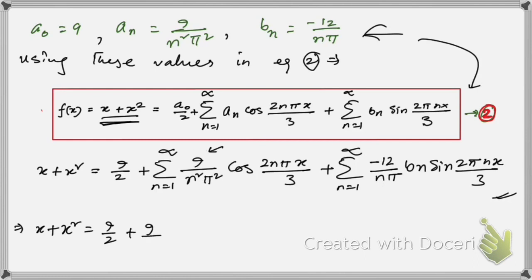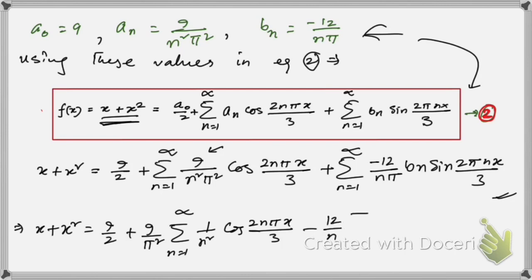Plus 9 by pi square summation from n is equal to 1 to infinity 1 by n square cos twice n pi x by 3, then plus here it's going to be minus, this minus is taken out, and 1 by 12 by pi, sorry, not 12 by n, 12 by pi is taken out, so 1 by n.